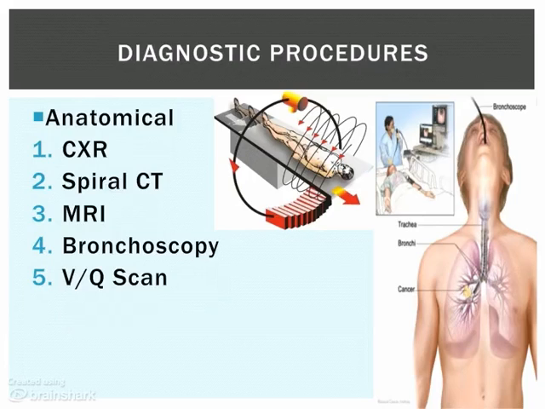The ventilation scan uses a radioactive gas. The patient is given this gas or mist to inhale into the lungs, and the pictures from the scan can show areas of the lung that are not receiving enough air or that retain too much air. In the perfusion scan, a radioactive tracer substance is injected into the vein.